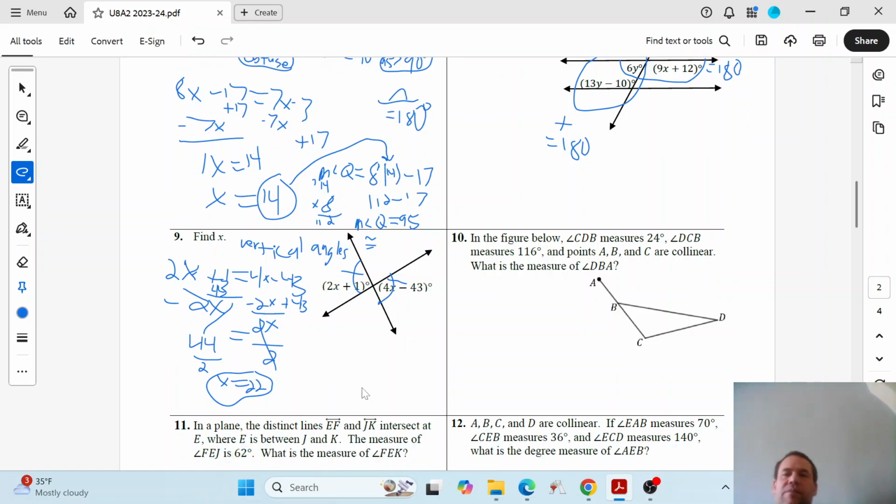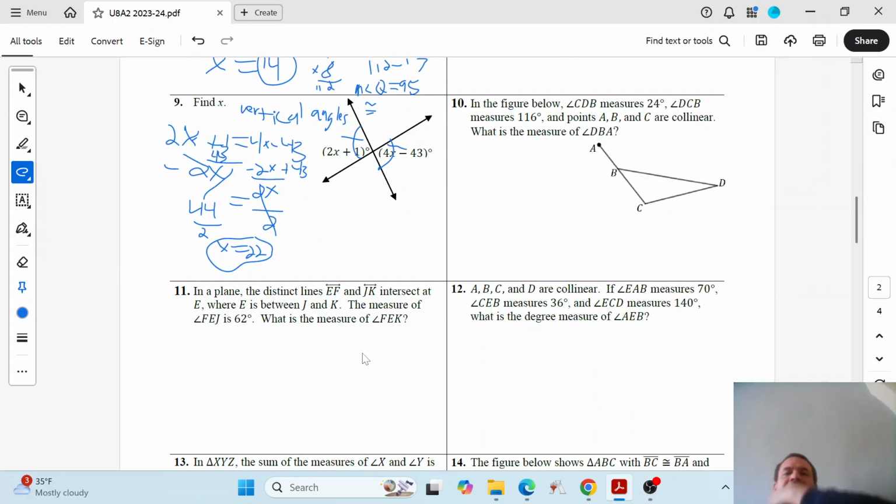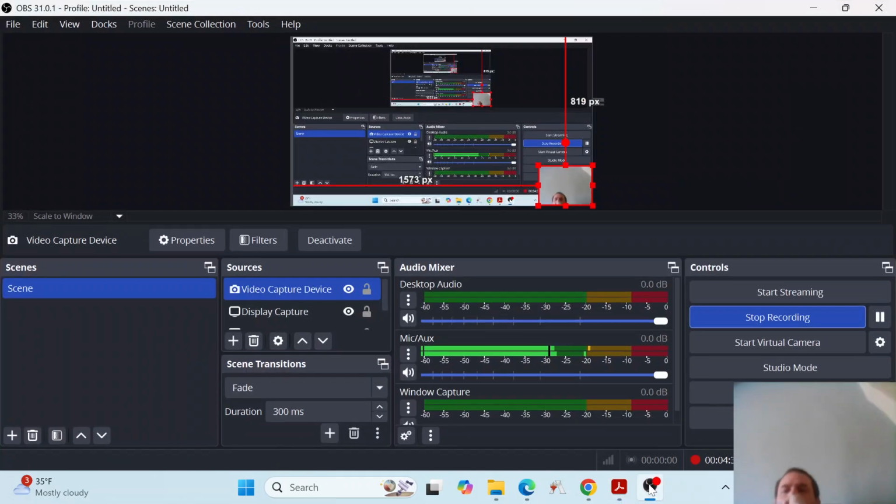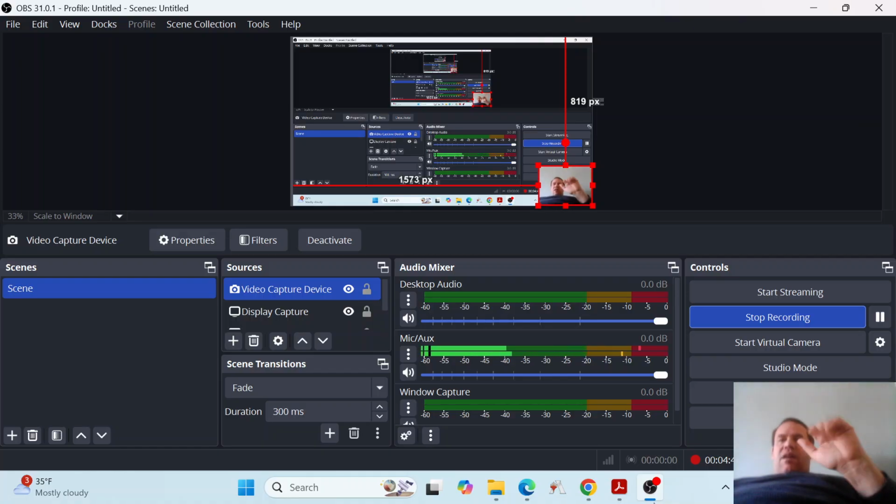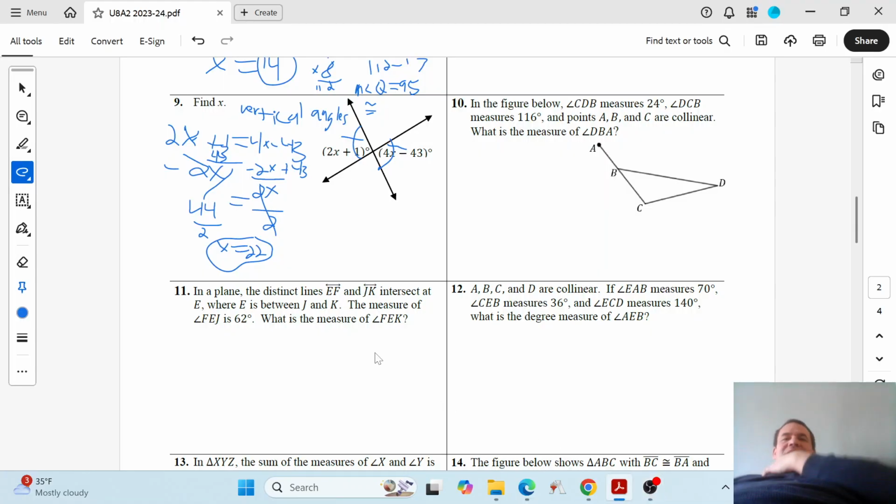Let's see. So in a plane, the distinct lines EF and JK intersect each other at E. I already made these videos in my classroom, but then I forgot them.